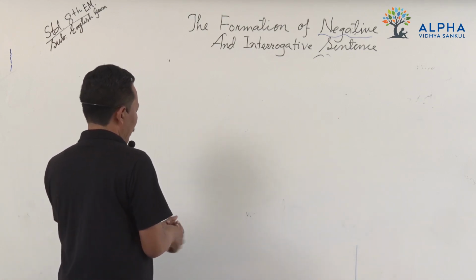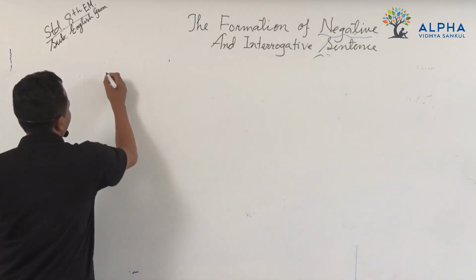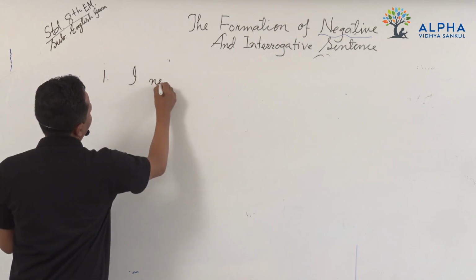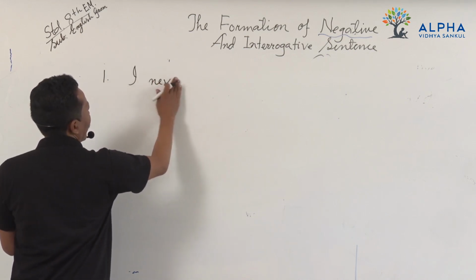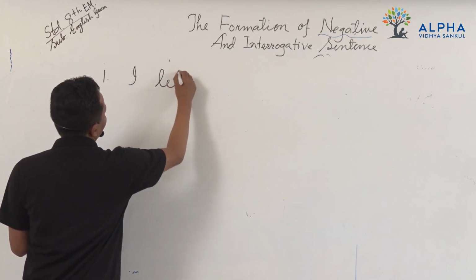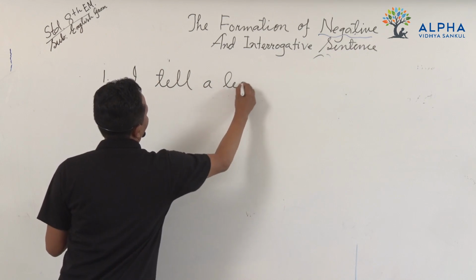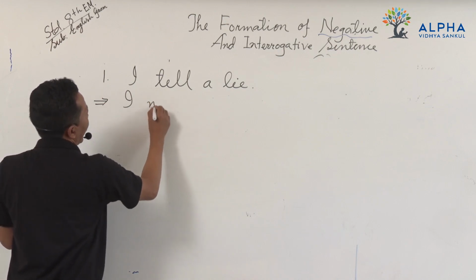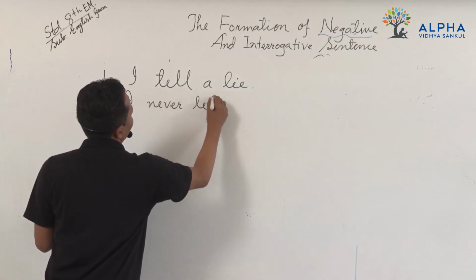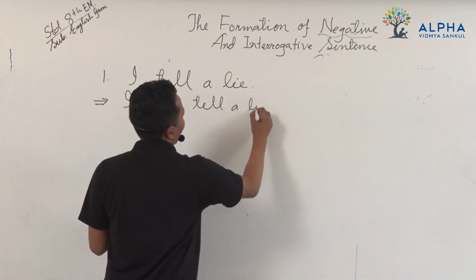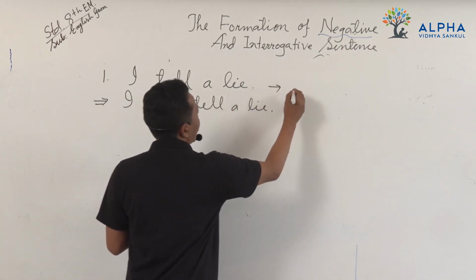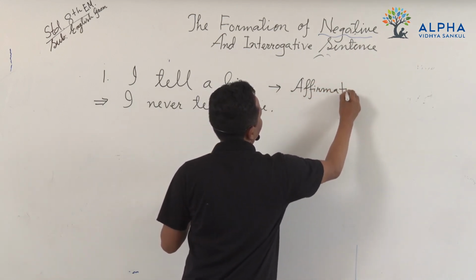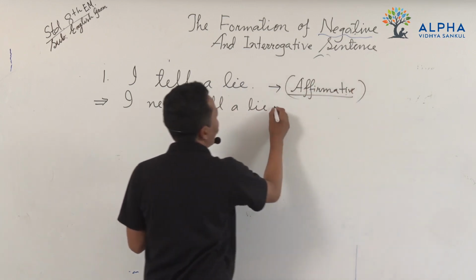For example here, see, I tell a lie. Then we can make like this: I never tell a lie. Here, student, this is the affirmative sentence. And this is what? Negative.